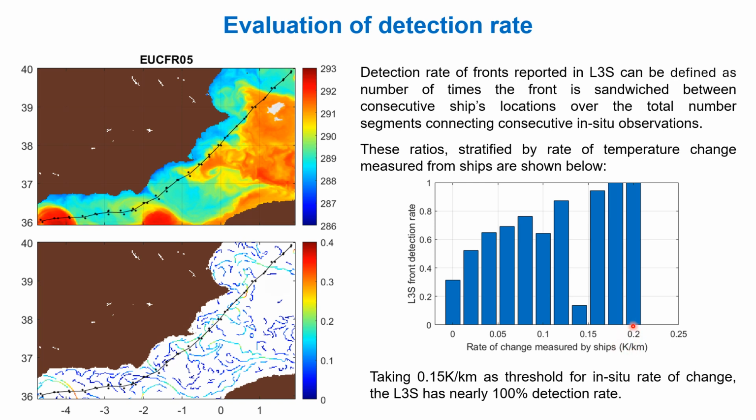In those particular cases, we always identified some sort of front within the satellite imagery. It doesn't necessarily mean that the SST's gradient magnitude was 0.2 Kelvin per kilometer. They could be of different strengths.